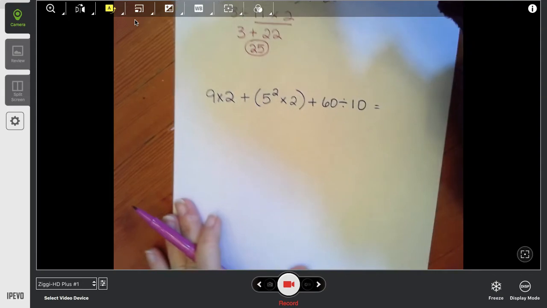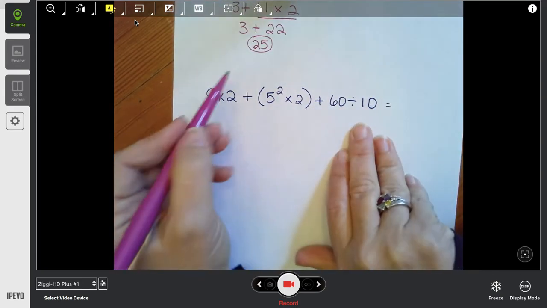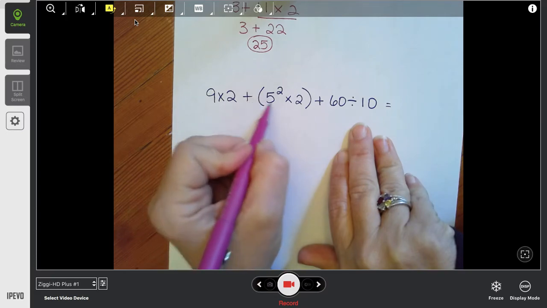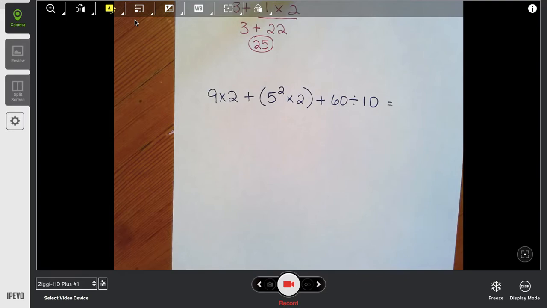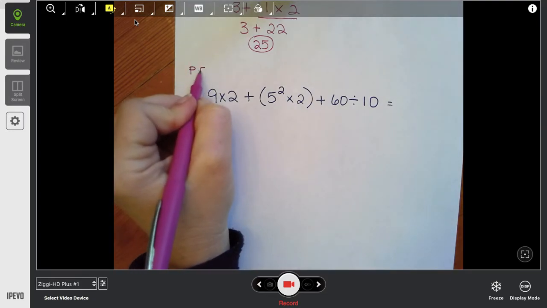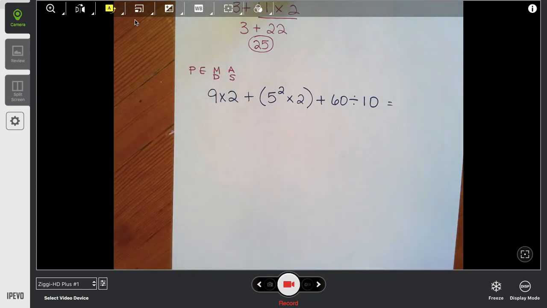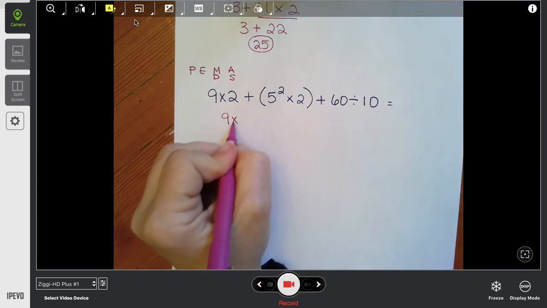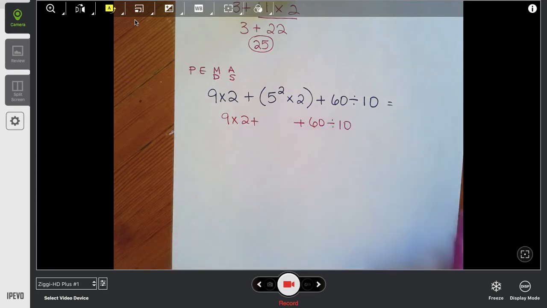Okay, so now our last and hardest one is our long statement here. We have multiplication, addition, parentheses, an exponent, more multiplication, addition, and division. Parentheses always comes first. Please excuse my dear Aunt Sally. So let's do parentheses first. We're going to leave everything that's outside of those parentheses exactly the same.